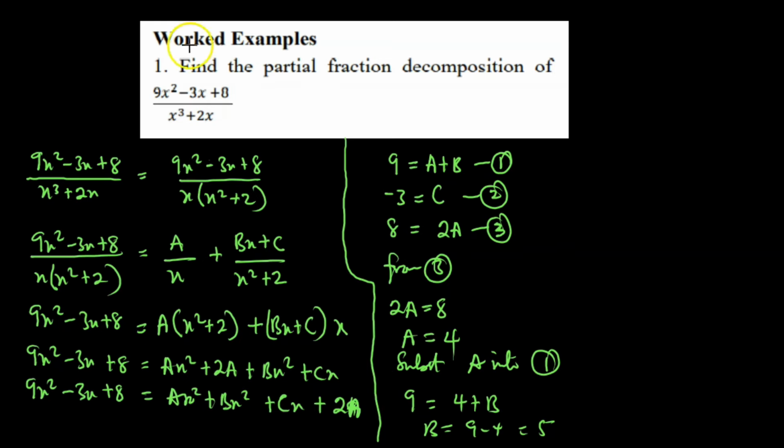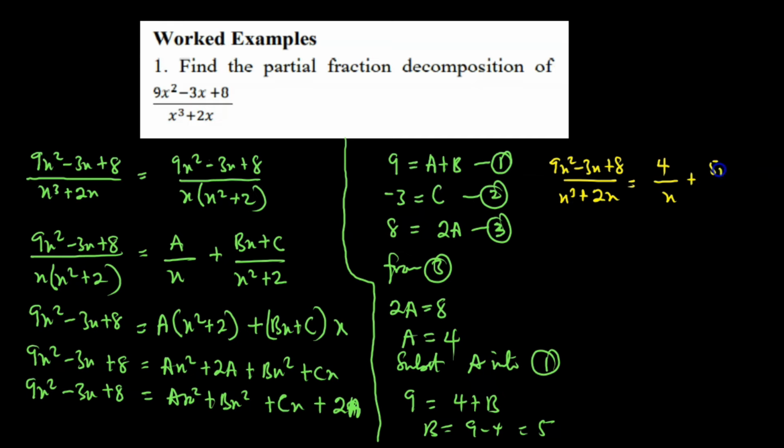And hence, let me use a yellow color to write my decomposition. And hence, my 9x squared minus 3x plus 8 all on x cubed plus 2x. The decomposition is a value, which is 4, on x, plus bx. The b value we found to be 5.